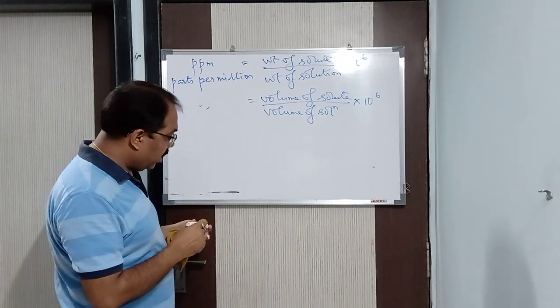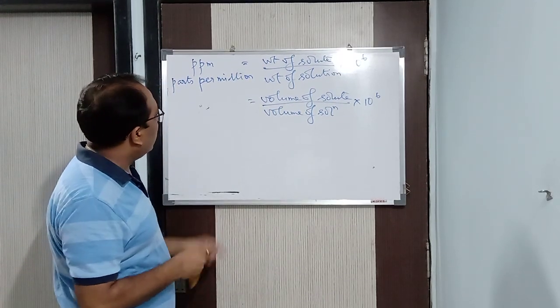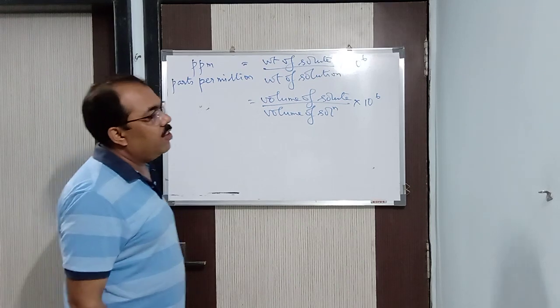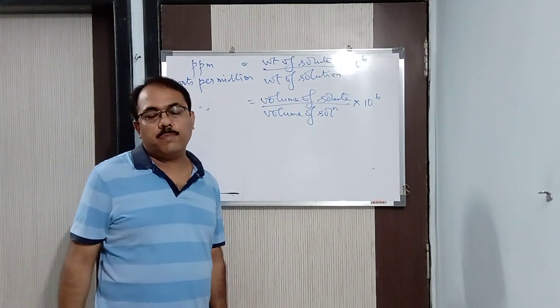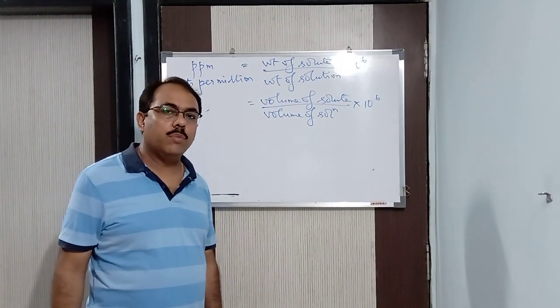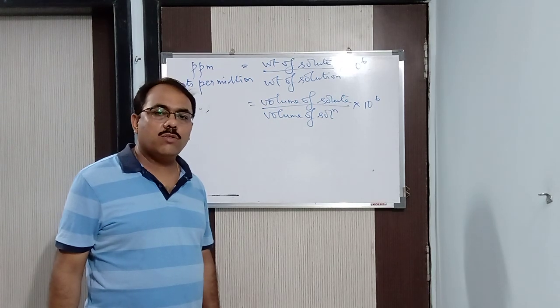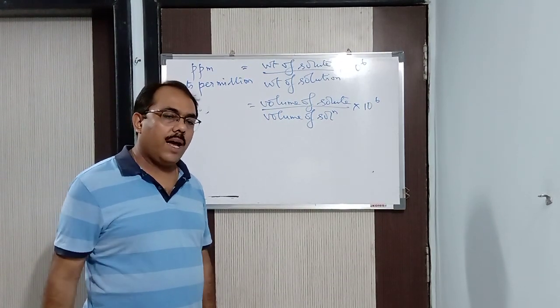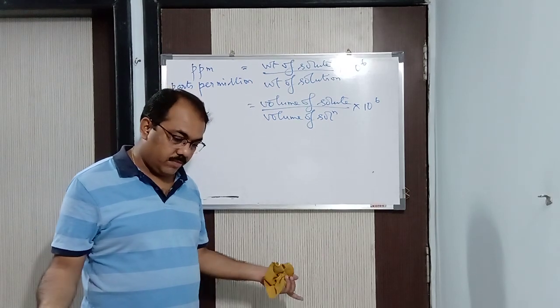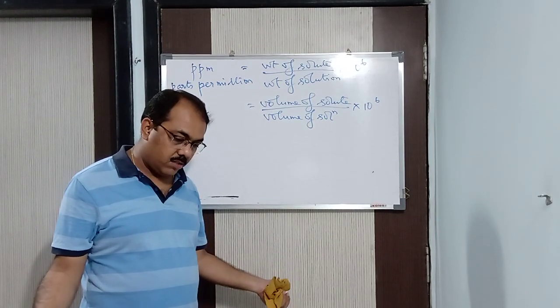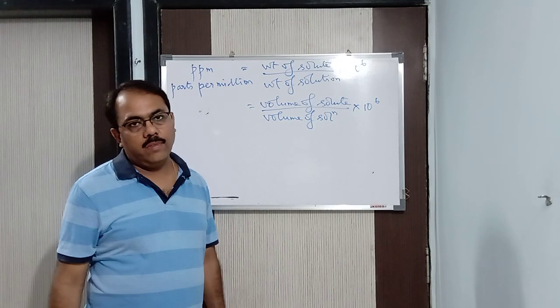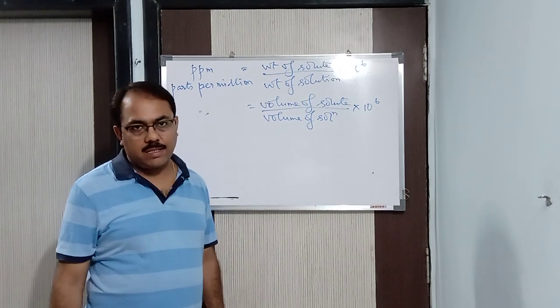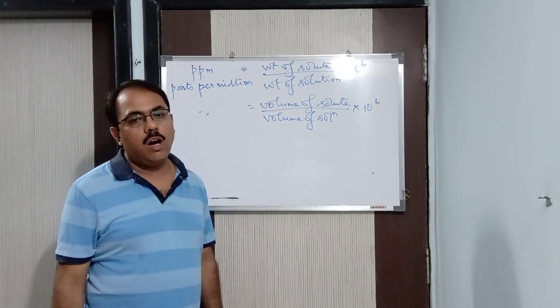Now next, you might be thinking where we are using this particular one, parts per million. See, if you have seen the weather report on TV, especially on NDTV, they show in which city the air pollution is maximum. So how do they measure it?